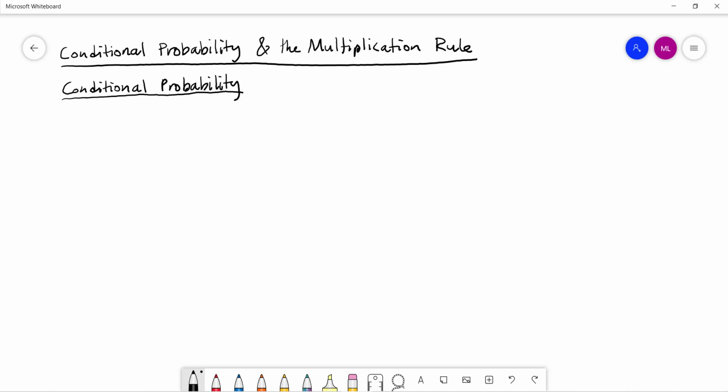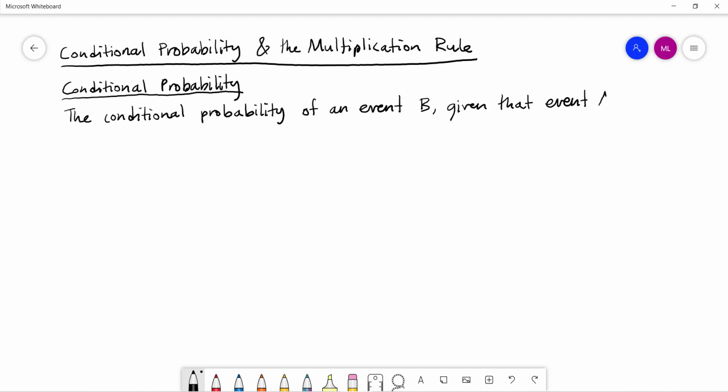So conditional probability, let me give you a quick definition. The conditional probability of an event B, given that an event A occurs, is denoted with this symbol.